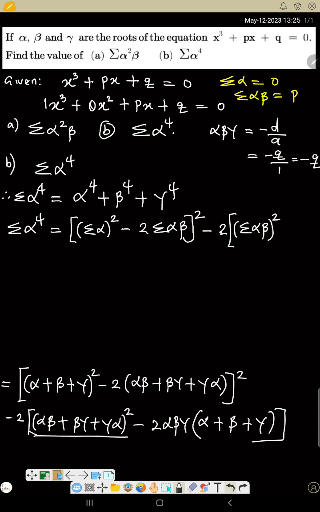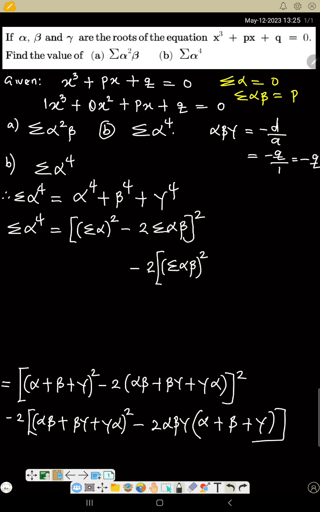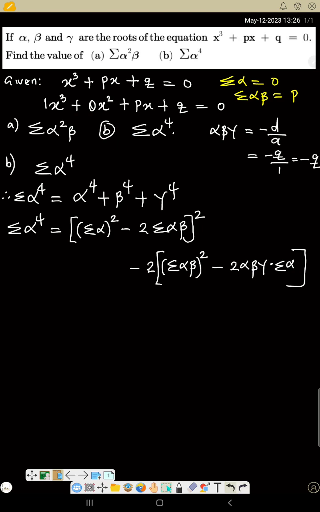So this one minus, because of space, let me bring this here, minus 2. So minus 2 alpha beta gamma times summation alpha, because alpha plus beta plus gamma is summation alpha. So now we have everything here, just substitute.